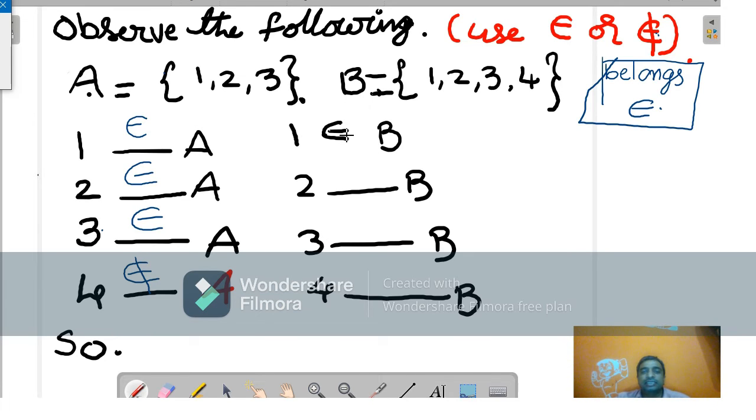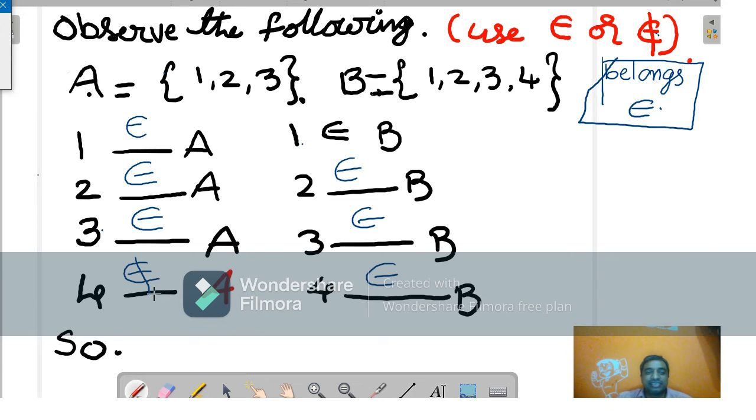Coming to the next, set B. If you see in set B, 1 belongs to B. 2 also belongs to B. 3 also belongs to B. 4 also belongs to B. Understand? Alright.